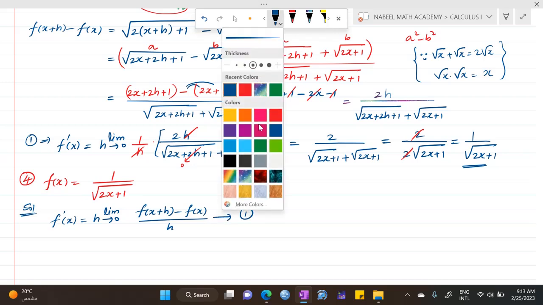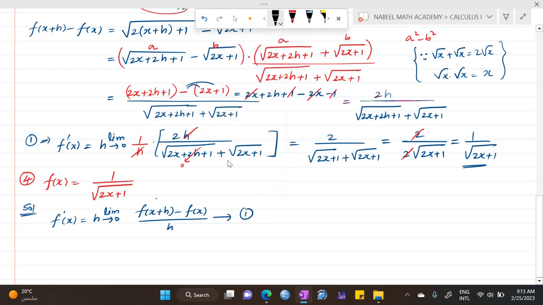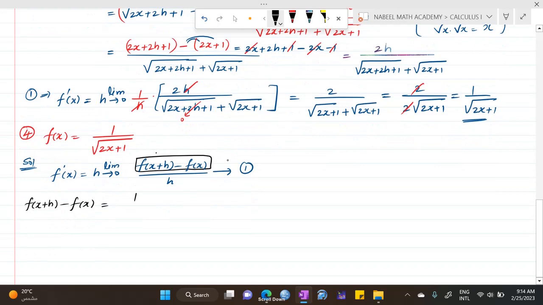Now I have to take the numerator. So what is the numerator here? This is f of x plus h minus f of x. Which is equal to 1 over square root of 2x plus 2h plus 1 minus 1 over square root of 2x plus 1.